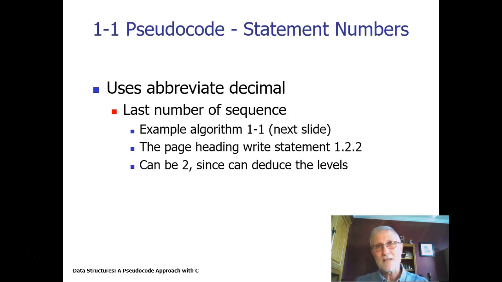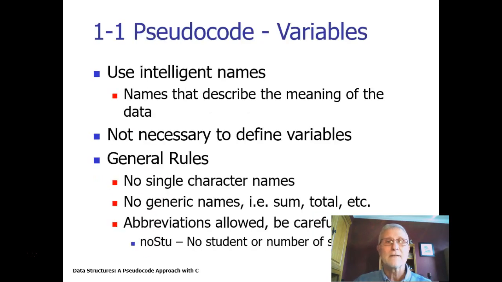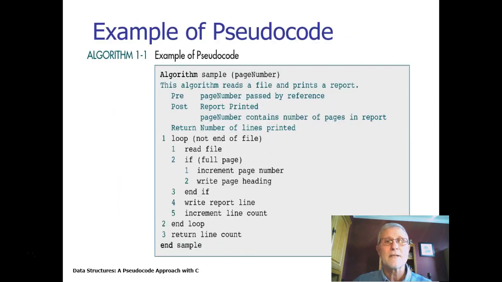To make things a little bit easier so you're not writing out 1.2.2 for a statement, you can just type the number 2 under that, and I would be able to look at that and deduce that it's indented accordingly. Let's take a quick look here.